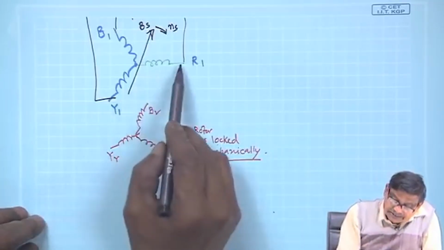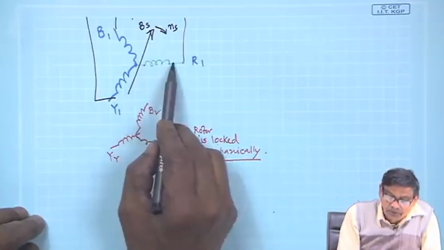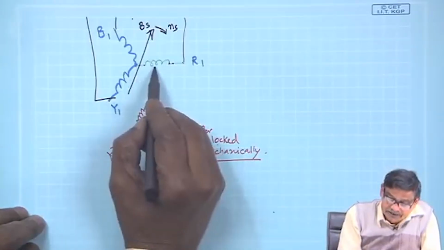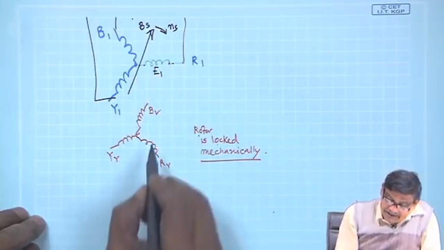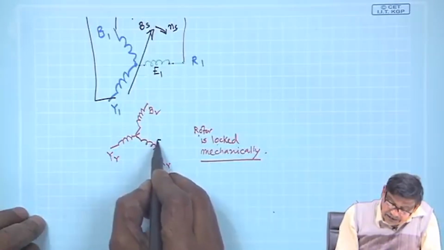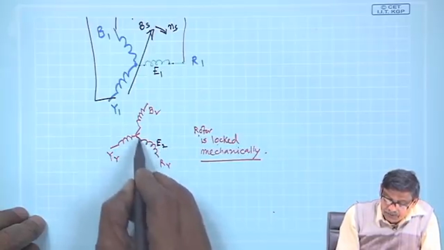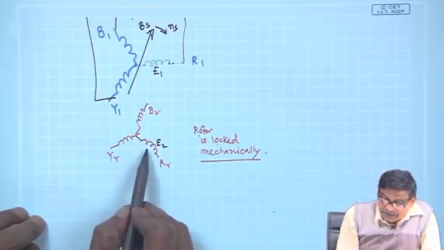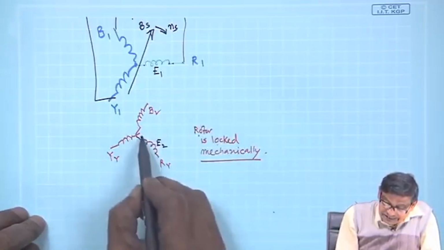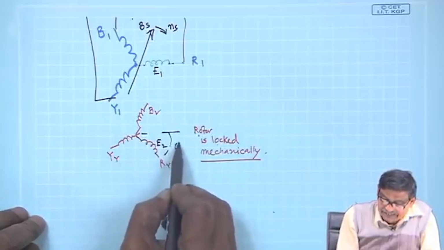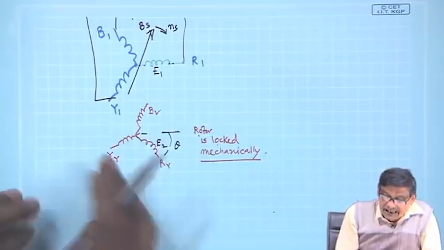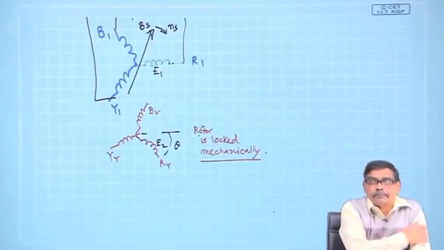Obviously, you can see the R phase induced voltage here, E1, and the R phase induced voltage here in the rotor. This voltage will lag that voltage by this angle theta, is it not? Theta is the angle by which you have shifted.